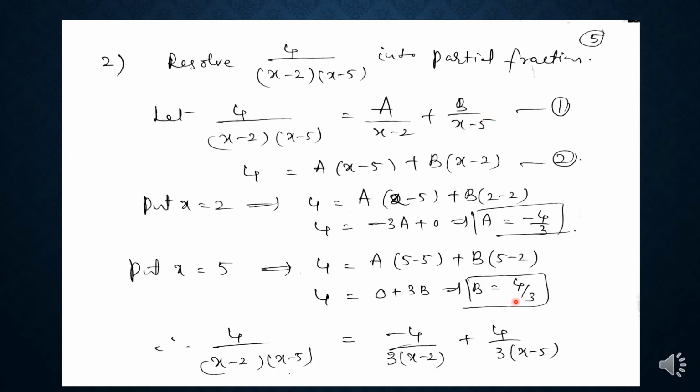What is b? B is equal to 4 by 3, so 4 by 3 into x minus 5. So the given rational fraction 4 by x minus 2 into x minus 5 is equal to minus 4 by 3 into x minus 2 plus 4 by 3 into x minus 5. So these are the partial fractions of the given fraction 4 by x minus 2 into x minus 5.